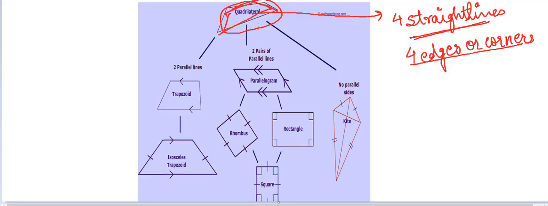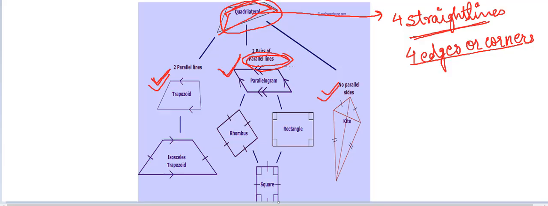Now quadrilateral is further divided into three types. The very first type is a trapezoidal shape. Then we have a parallelogram, and then we have a kite. These three shapes are divided on the basis of parallel lines. What are parallel lines?